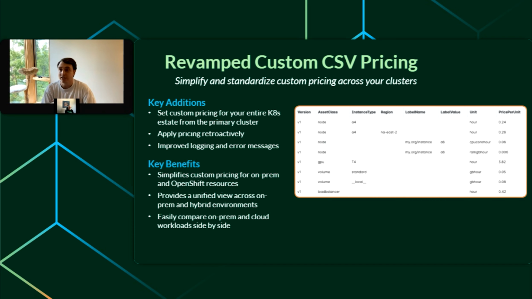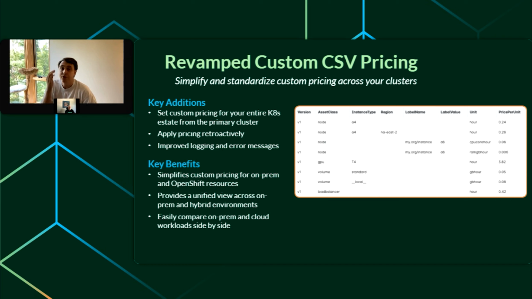So we can pull it all together into the Kubecost allocations page. And users who are running self-managed clusters or on-prem OpenShift clusters leverage custom CSV pricing to tell Kubecost how much they want to charge for their various hardware or resources.